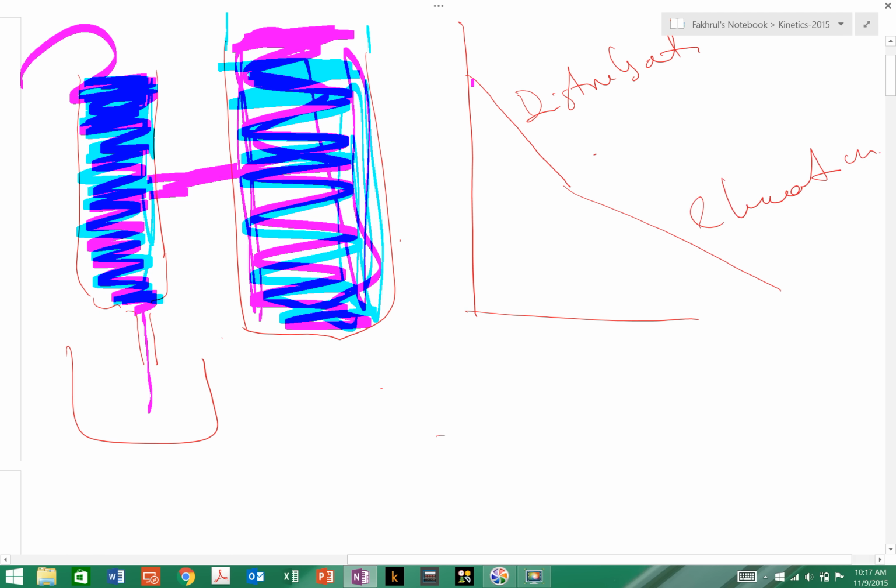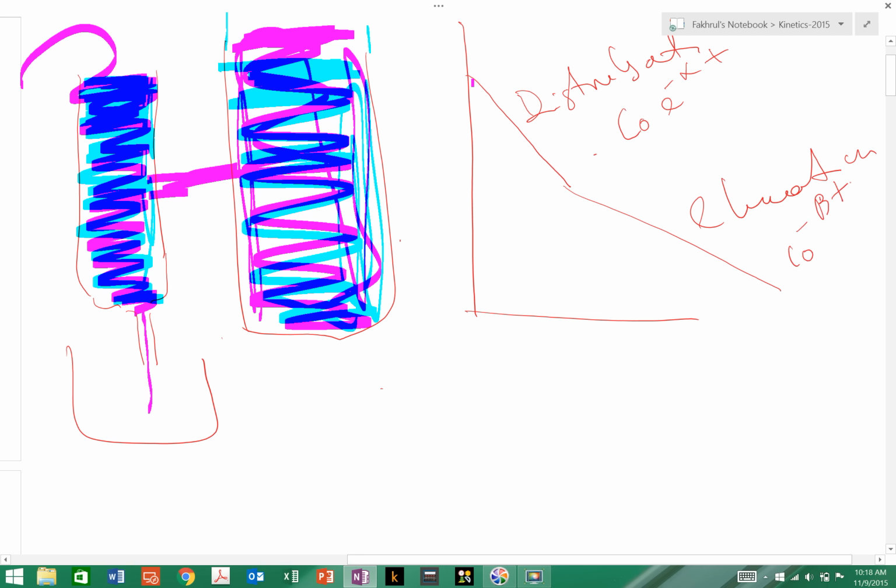Okay, this is elimination. So as you can see in our equation, it was C equals C0 e to the negative kt. So we have two exponential terms here. That means here you can say C0 e to the negative alpha t, C0 e to the negative beta t.